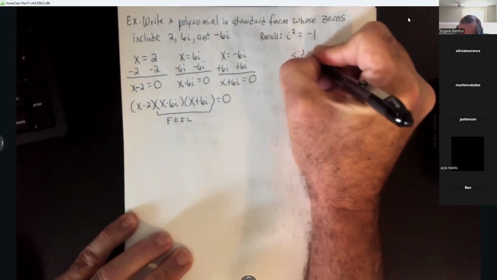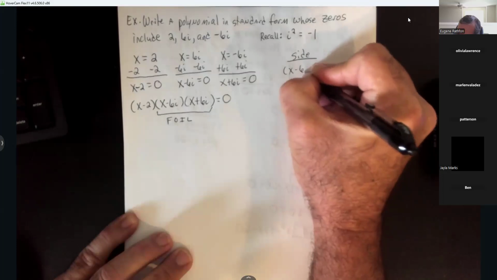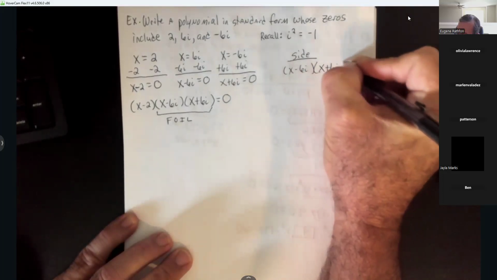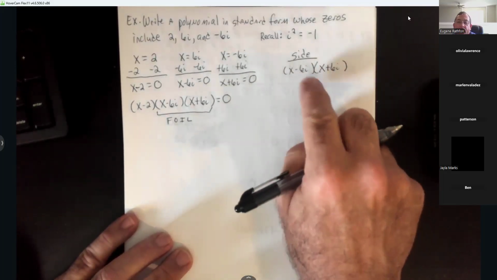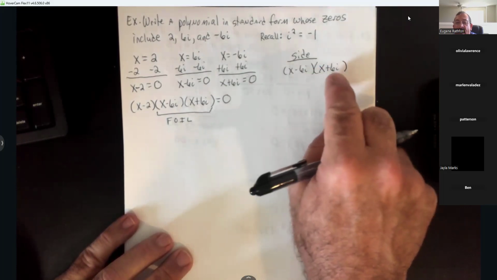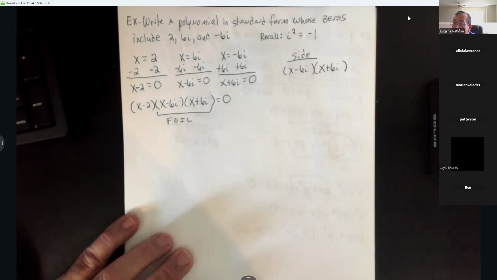So on the side, I'm going to multiply x minus 6i times x plus 6i. Let me explain: x minus 6i and x plus 6i are what we call conjugate pairs. Conjugate pairs look exactly the same other than one being subtracted and one being added.